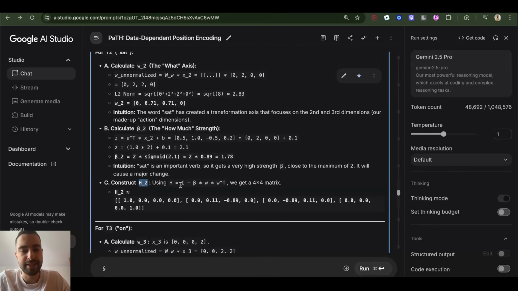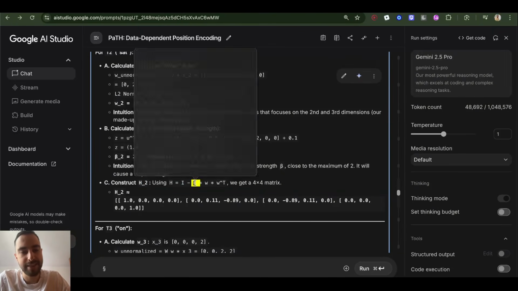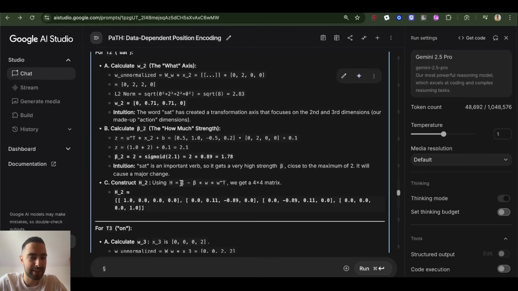The formula is the identity matrix minus beta, which is, okay, I'll tell you why the identity matrix, but let's see this. We have beta, which shows the strength of our transformation, the strength of how much H2 will influence the key vector when we multiply it. And W, our direction, but we have W times W transposed, which is actually our projection.